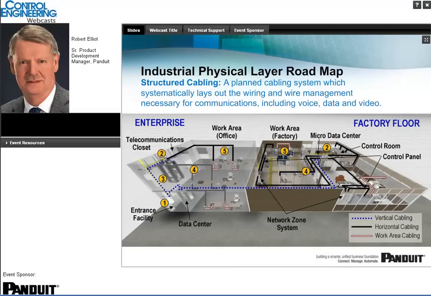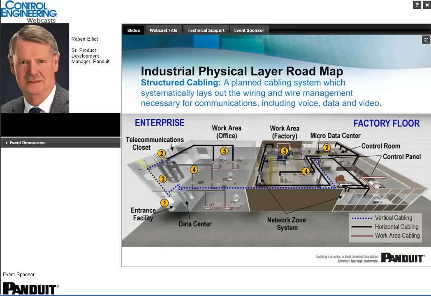It's a planned cabling system which systematically lays out the wiring and wire management necessary for communications, including voice, data, and video. Here we see an example of a small factory that includes office-based work areas, but also a work area on the industrial factory floor.